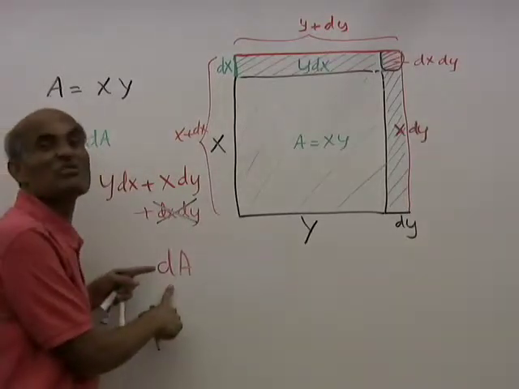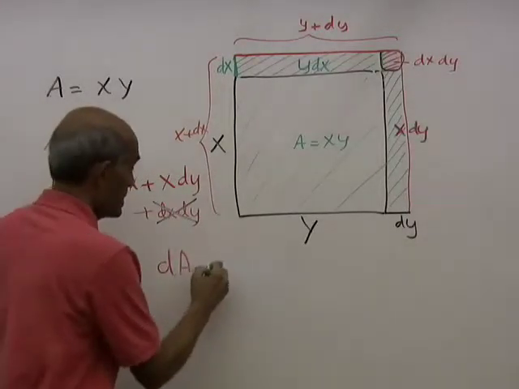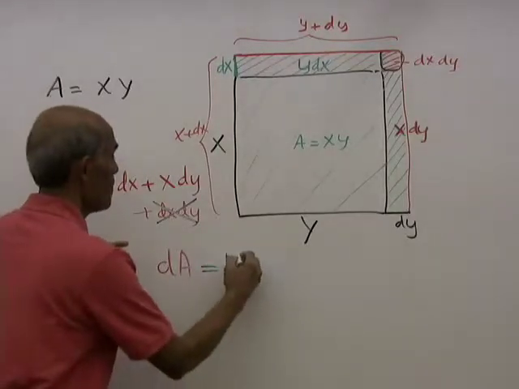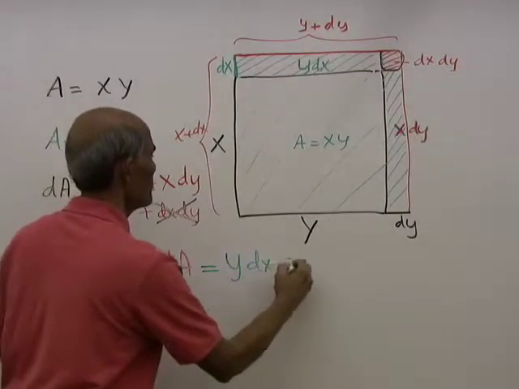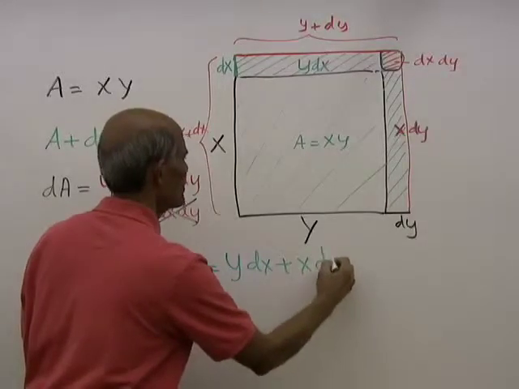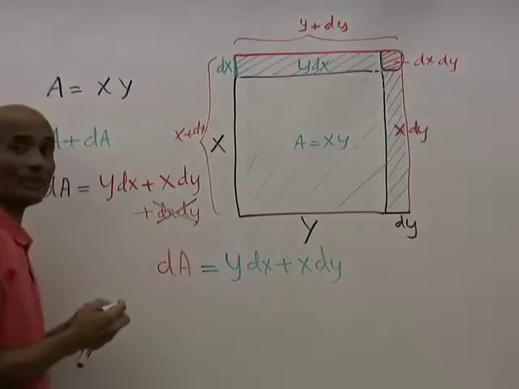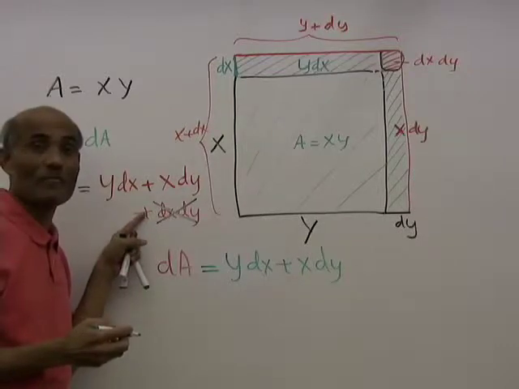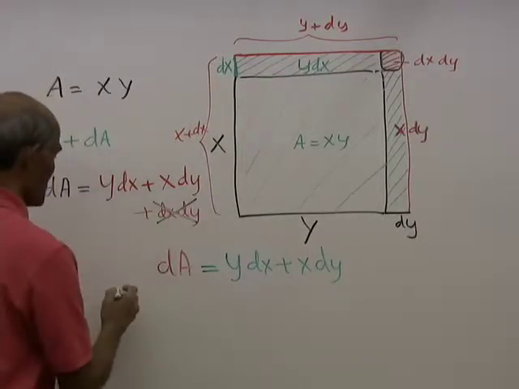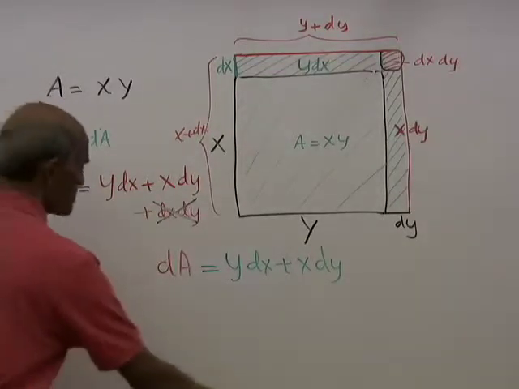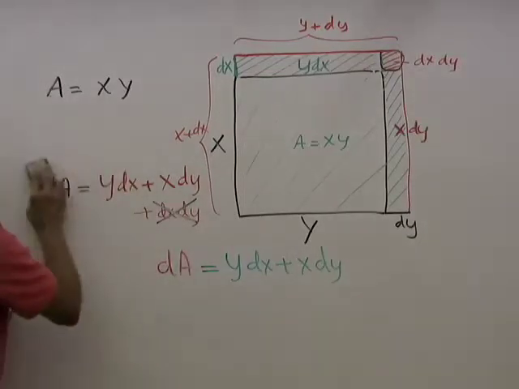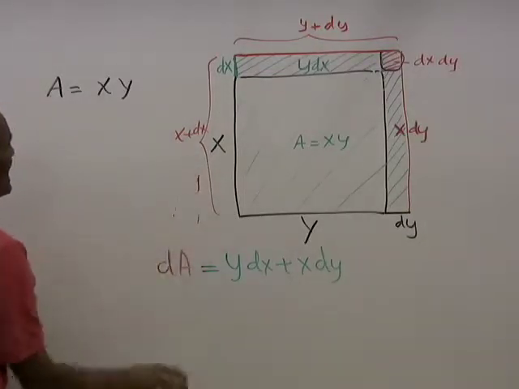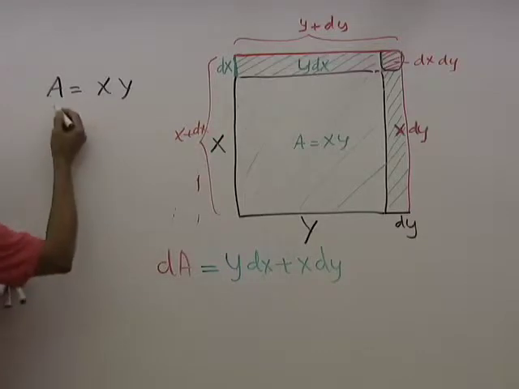So the change in area dA is equal to y dx plus x dy. Now, assuming that this is very small. Now, watch this. I'm going to take this down and I'm going to ask you, use calculus.